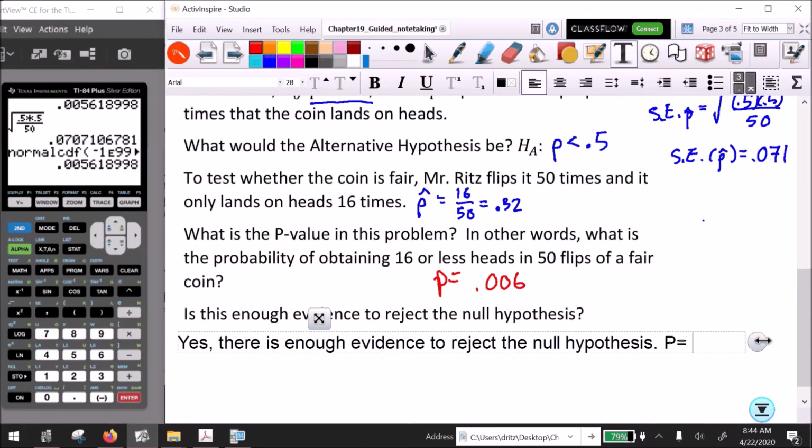P is equal to 0.006, which is significantly less than 5%.